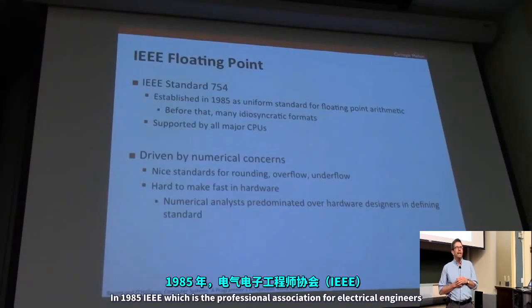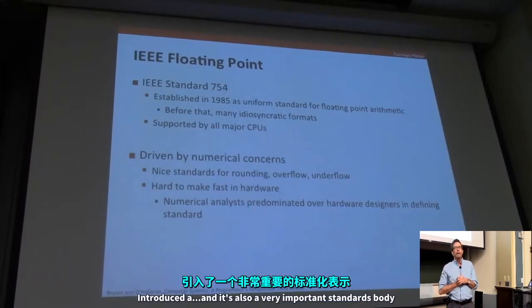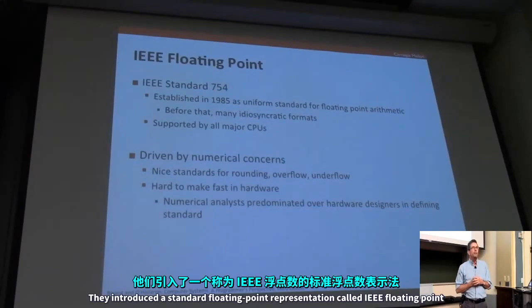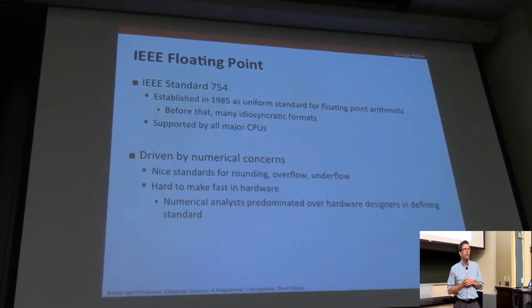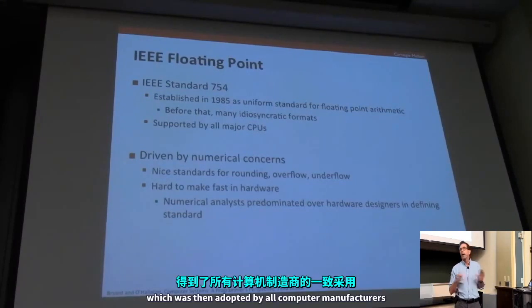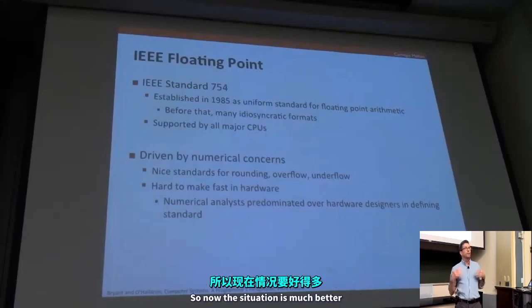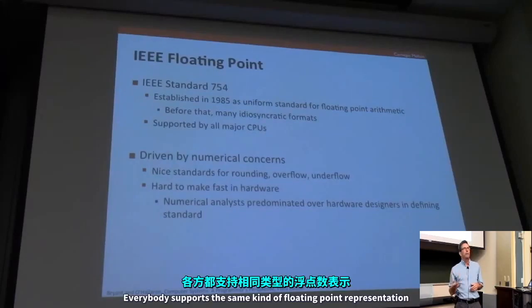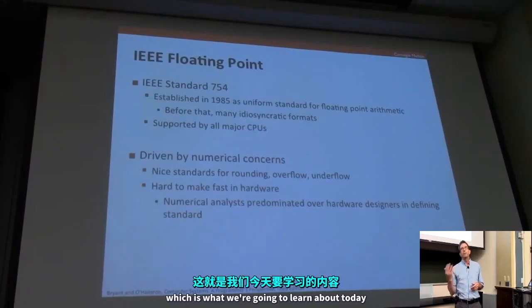In 1985, IEEE, the professional association for electrical engineers and also a very important standards body, introduced a standard floating point representation called IEEE floating point, which was then adopted by all computer manufacturers. So now the situation's much better. Everybody supports the same kind of floating point representation, which is what we're going to learn about today.